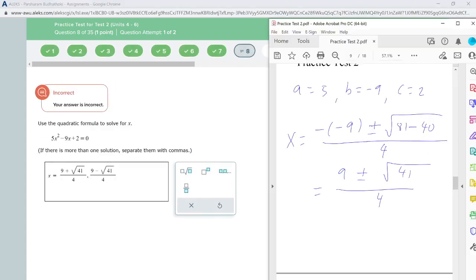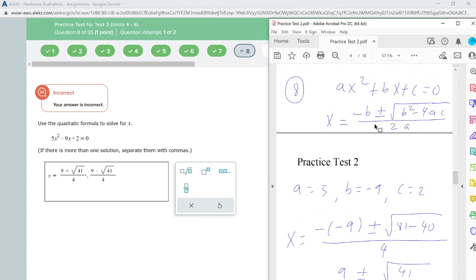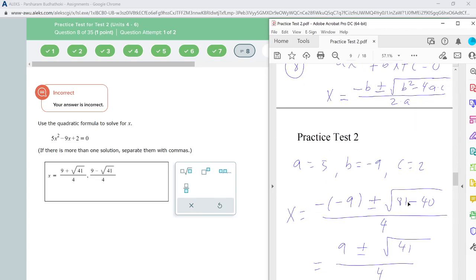I don't know what I missed, so let me go back and try to find out what I did wrong. So a is 5, b is -9, c is 2. When I plug that value here, negative times negative is positive 9, plus and minus square root of b square, which is -9 square, which is 81, minus 4ac. 4 times 5 is 20 times 2 is 40, and square root of 81 minus 40 is 41.